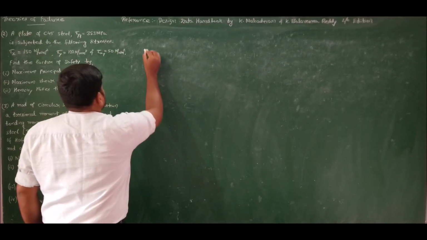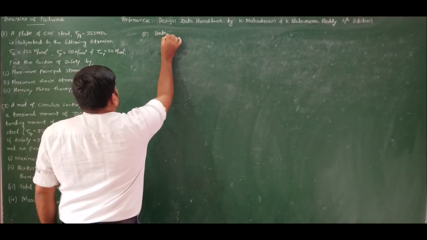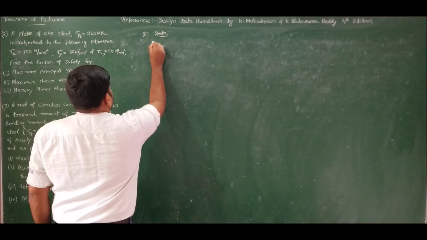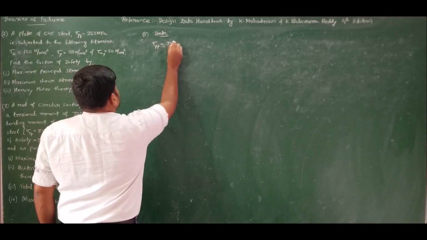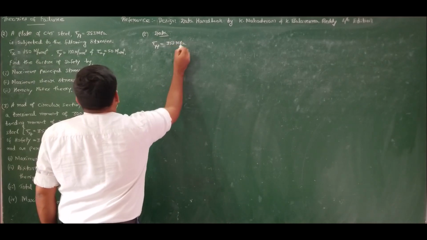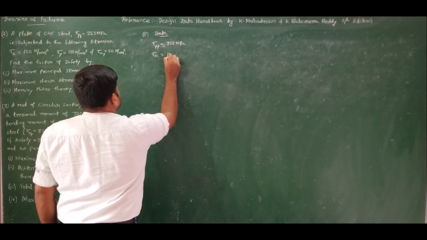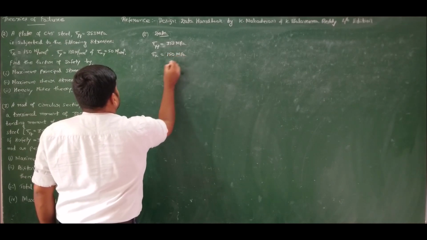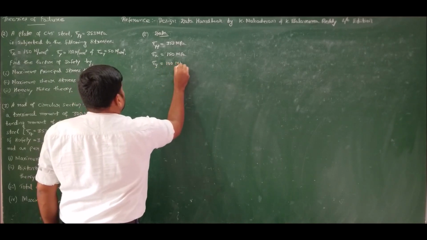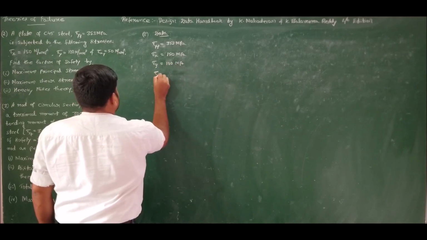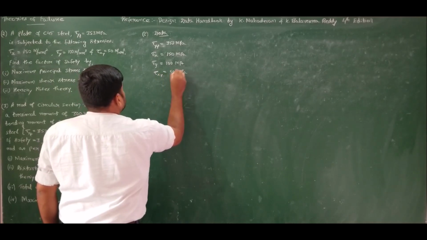If I move to the solution of problem number 2, first let me list out the data given. We have the tensile yield stress as 353 megapascals, sigma x as 150 MPa, sigma y as 100 megapascals and tau xy as 50 megapascals.